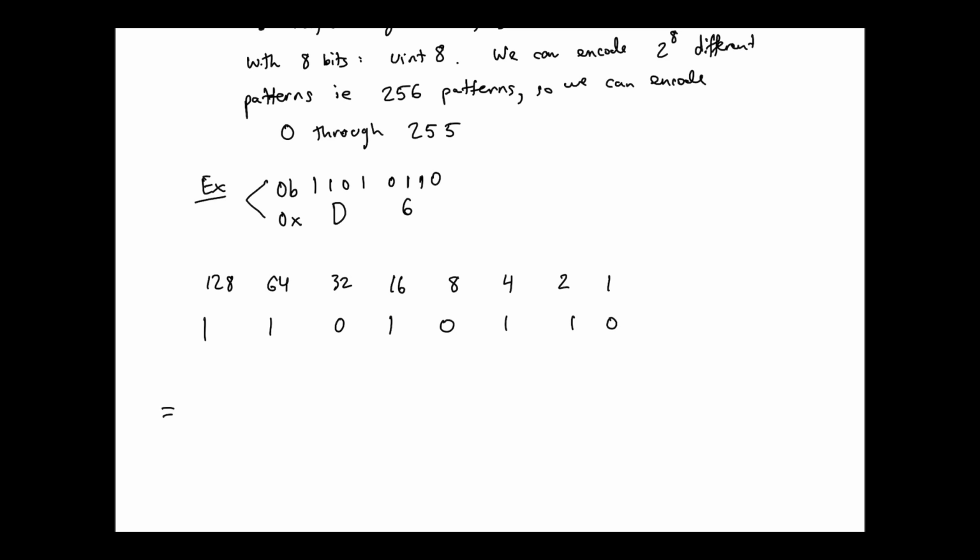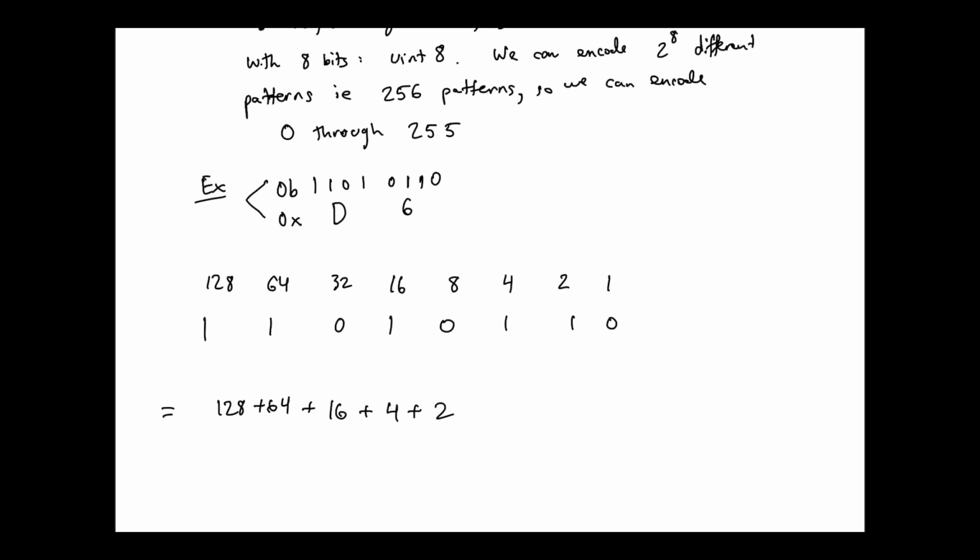So I've got 128 plus 64 plus 16 plus 4 plus 2. Well, what is that? 128 plus 64 is 192, plus 16 would be 208, plus 4 is 212, plus 2 is 214.